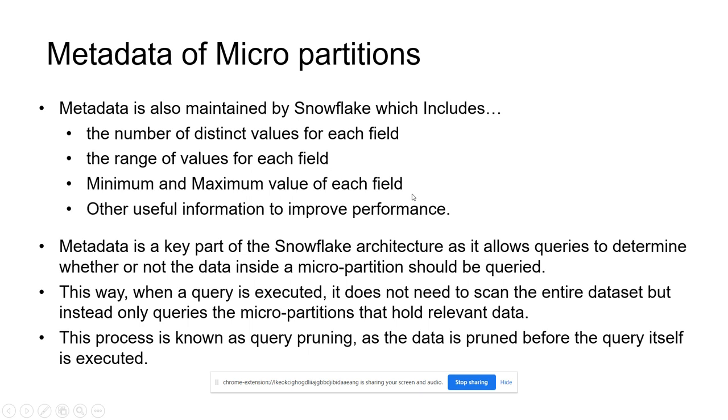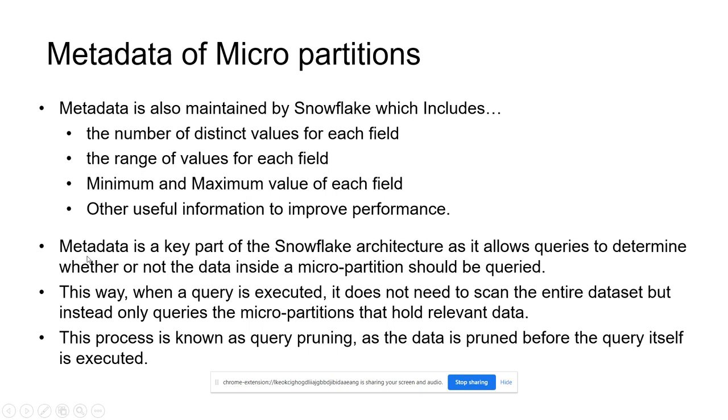So for each field, what is the minimum value it is holding and what is the maximum value. So it will maintain that metadata and other useful information to improve the performance. Okay, so these are the metadata information stored by Snowflake, the metadata of micro partitions.